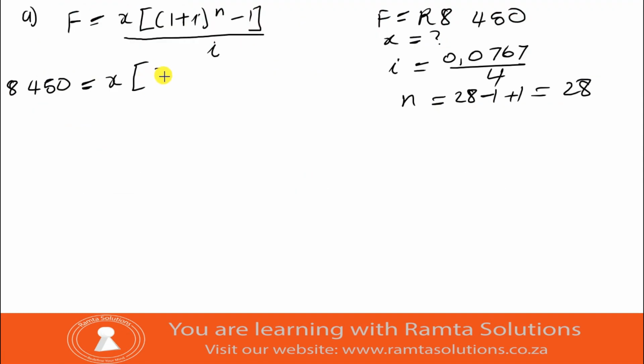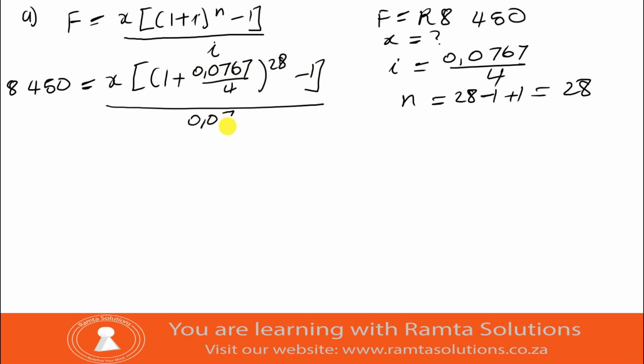Okay, it was. So it's 1 plus 0.0767 over 4 to the power 28 minus 1 all over 0.0767 over 4.